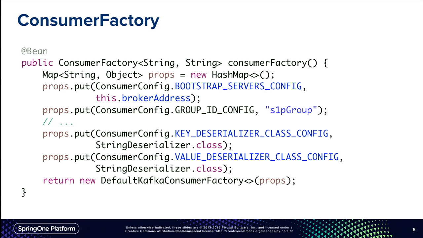On the consumer side, very similar, we have a ConsumerFactory. In this case, though, every time the ConsumerFactory serves up a new consumer, you get a new consumer with the configuration.